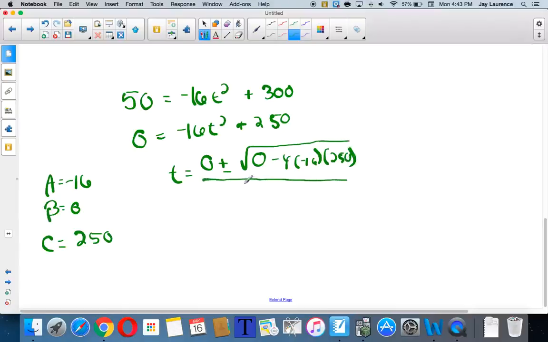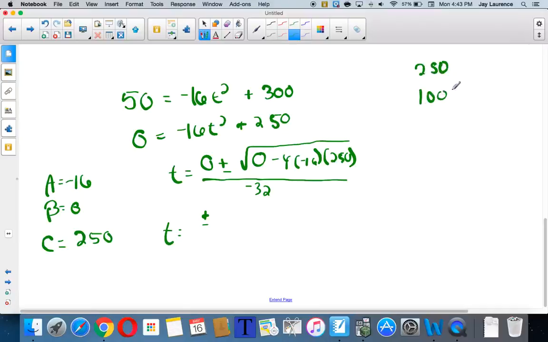All right, so t is going to equal, I'm not going to worry about the 0, plus or minus, let me see here, 250 times 4 would be 1,000, yes?